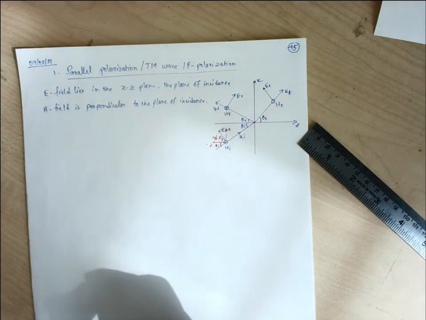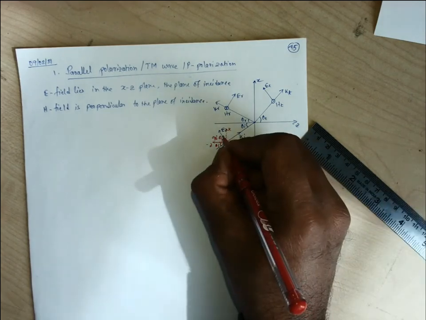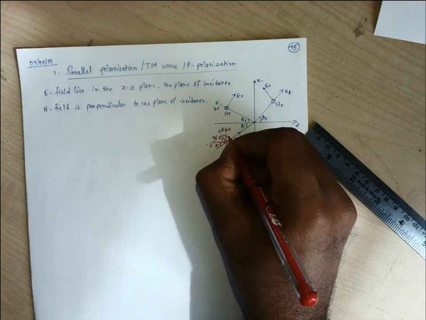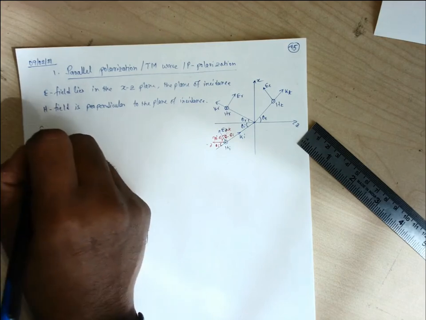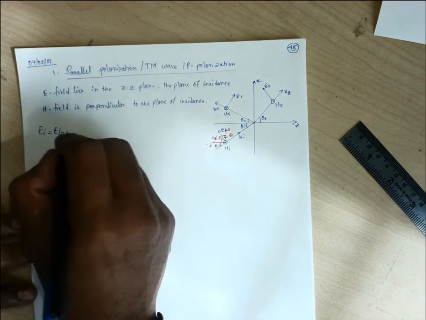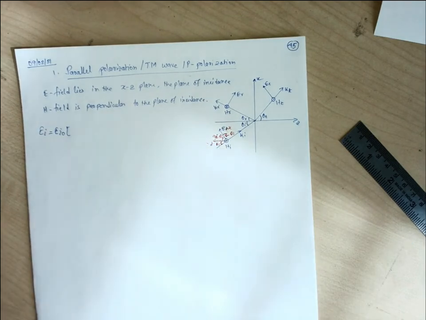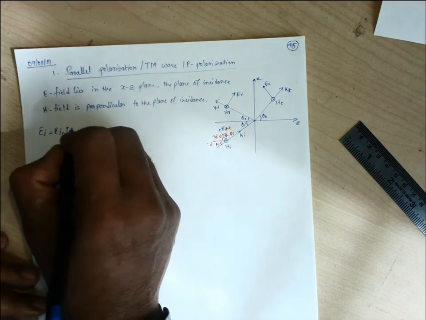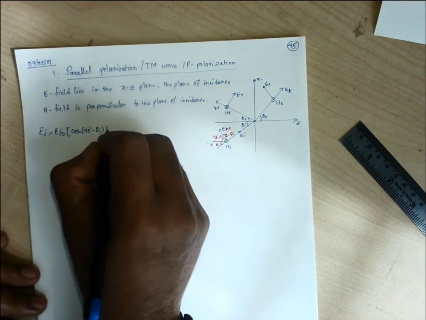Again the x and z are at 90 degrees, so we can consider this angle again theta I. So what can we write for this incident electric field? Some amplitude, then along minus z it is cos of 90 degrees minus theta I, along minus a z.